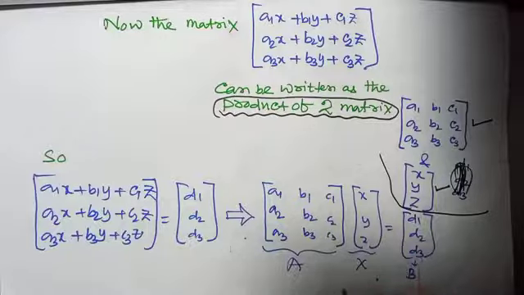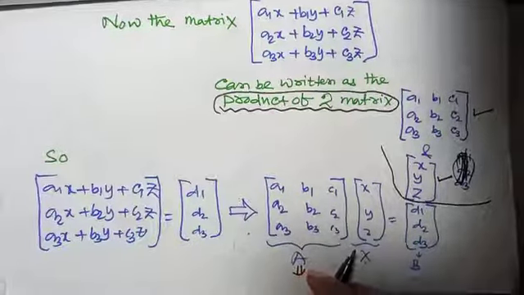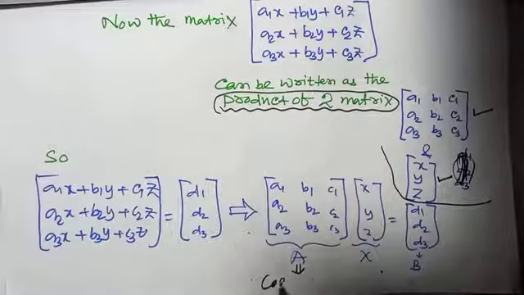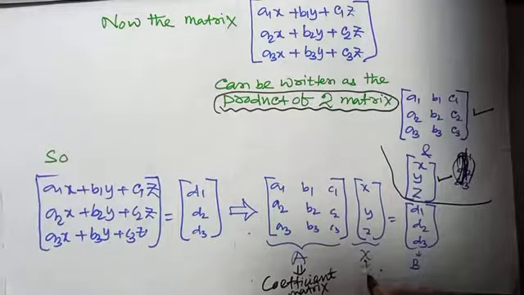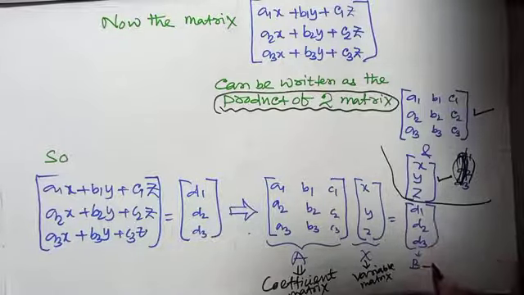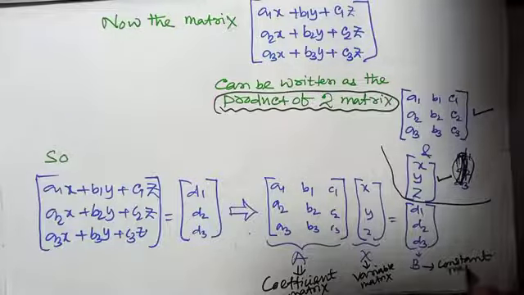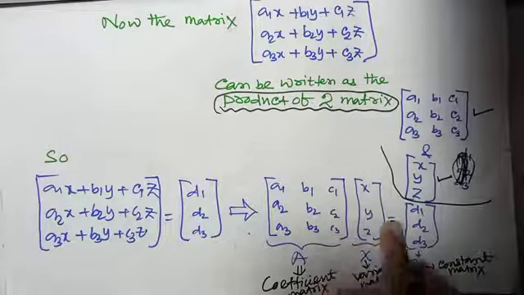This is basically our coefficient matrix, this is our variable matrix, and this is the constant matrix. So these are the three matrices.